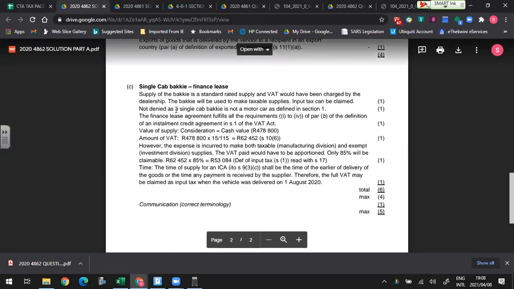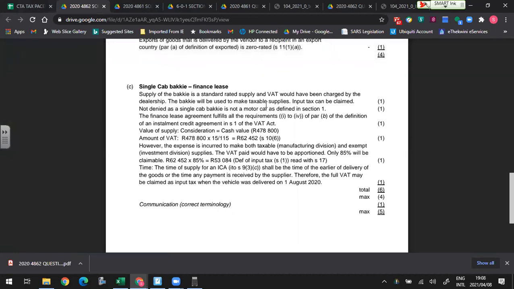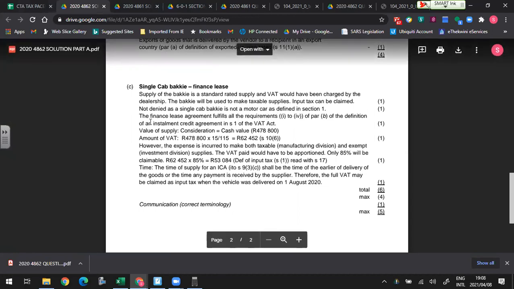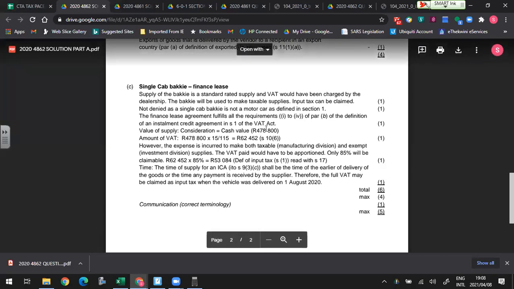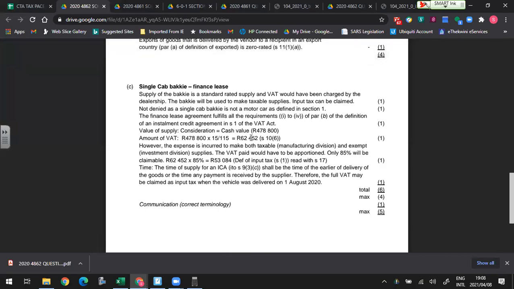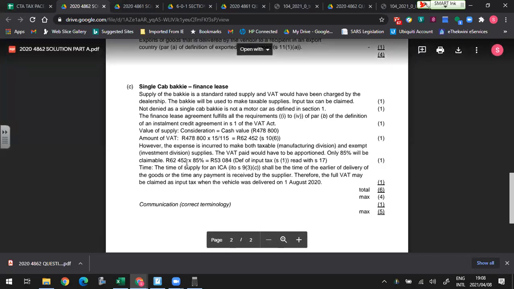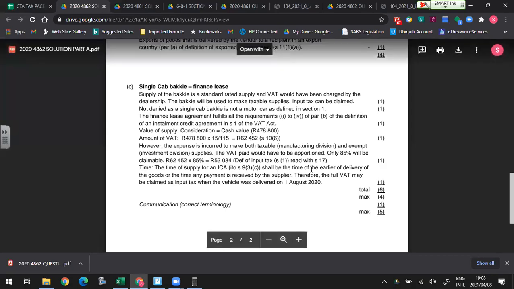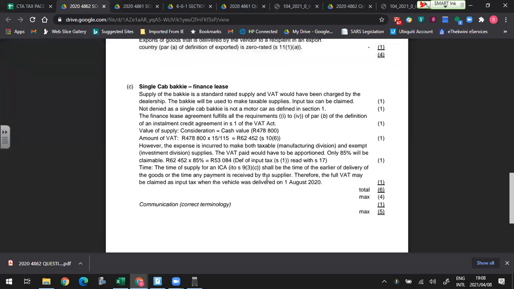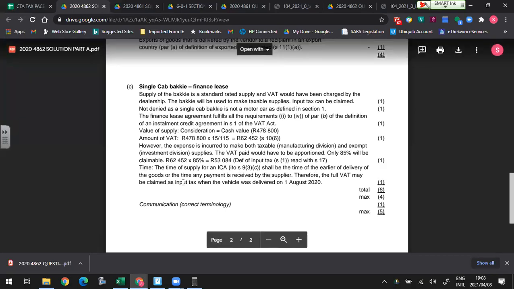Input VAT can be claimed, not denied, as a single cab bakkie as it's not a motor car. The finance lease fulfills the requirements of the definition of installment credits. Value of supply, open market value, 478,800. Amount of VAT, that's a calc. However, the expense is used to make both taxable and exempt supplies, so times by 85%. Time of supply is the earlier of time of delivery of the goods or when any payments are made. Therefore, the full amount is claimed as input VAT on 1 August.